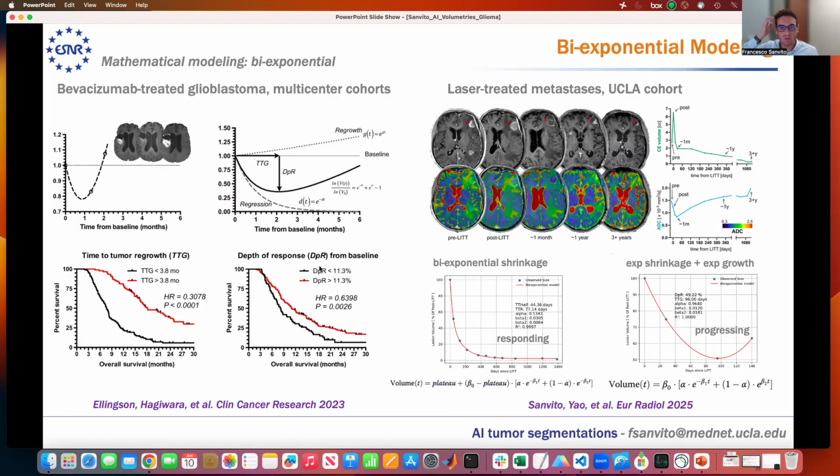Of course, you could make the point that often tumors don't behave with linear growth, so you can even use bi-exponential modeling and pull some statistical parameters from the exponential modeling and show how these parameters you estimate with mathematical modeling are associated with patient outcomes. Here is another example that I used bi-exponential modeling for.